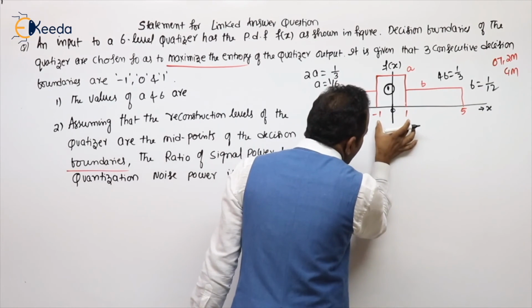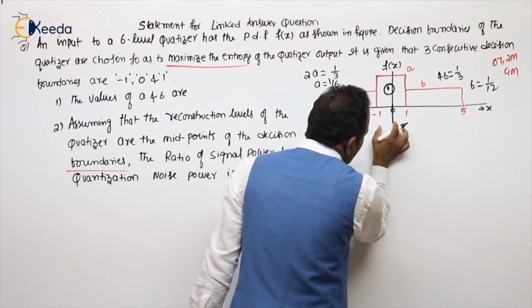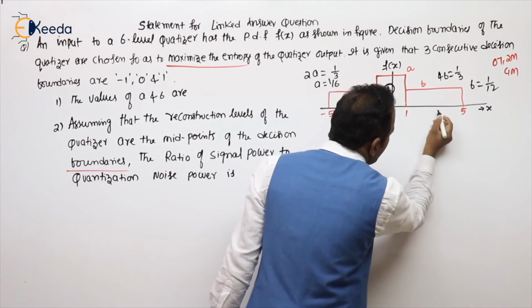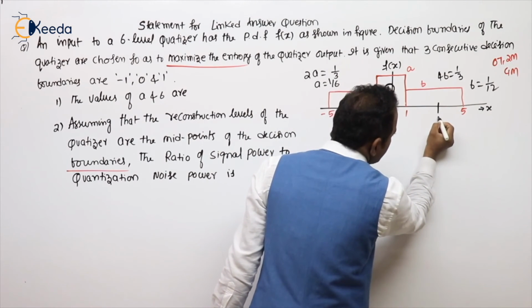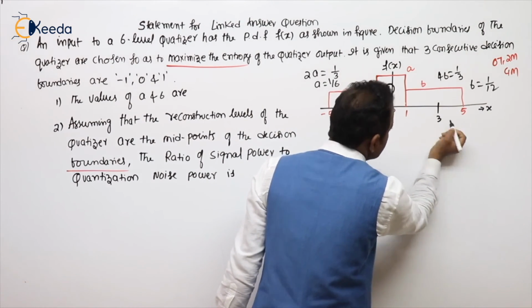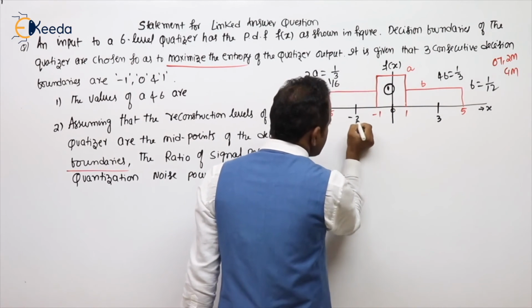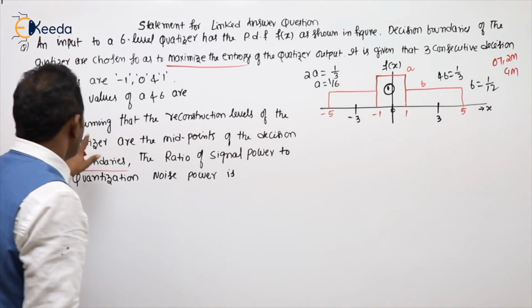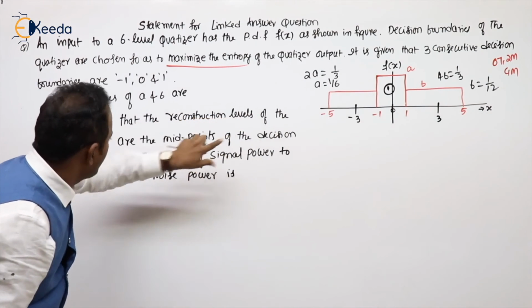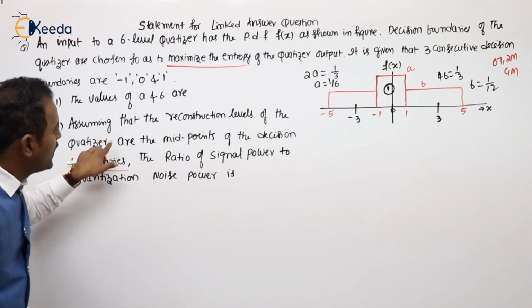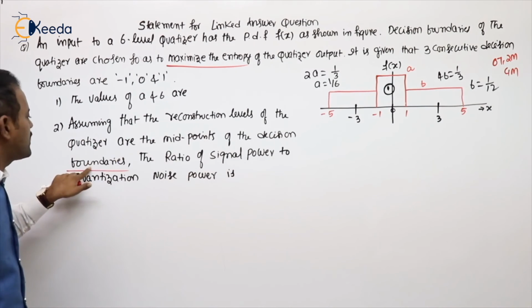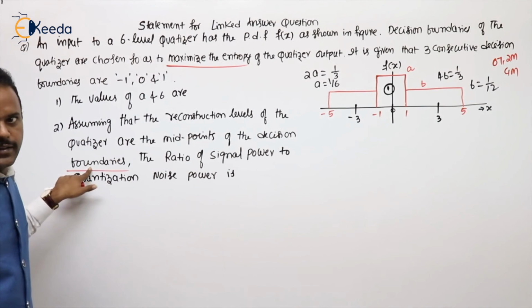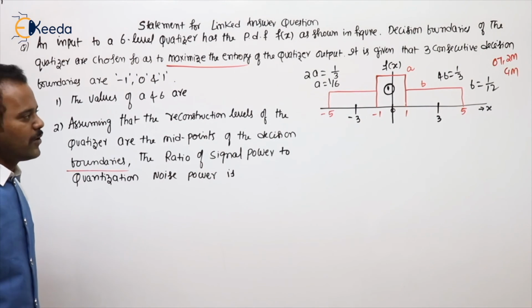So whatever value comes from minus 1 to 1, it is rounded off to 0. 1 to 5, the middle value will be 3. Here, minus 3.